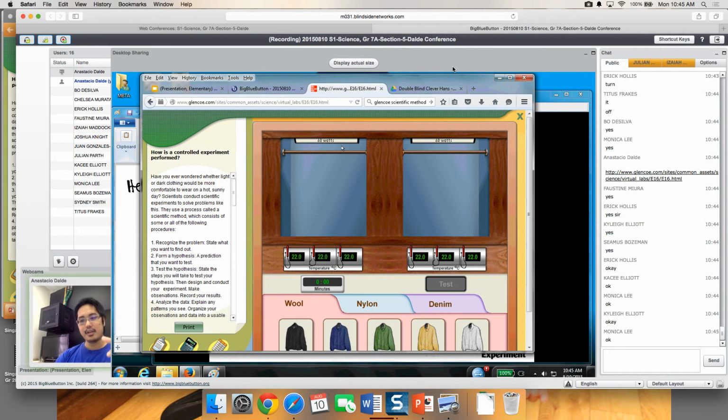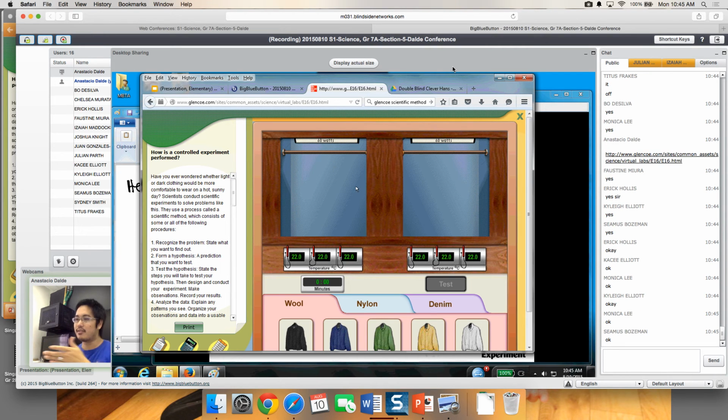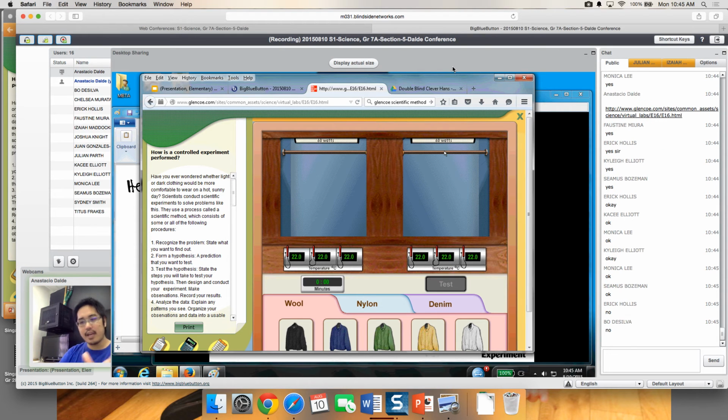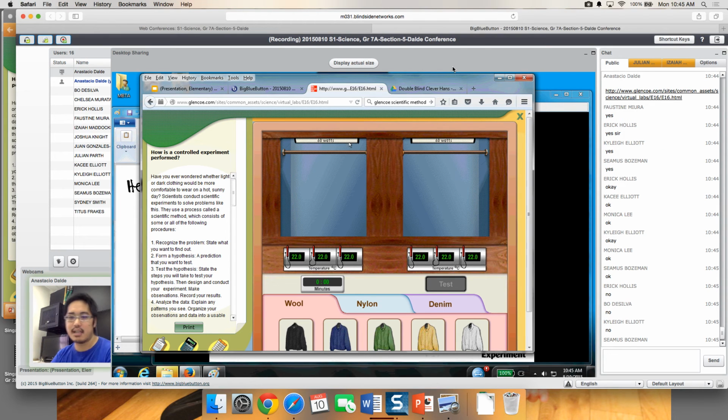Now, if we have a 60-watt light bulb in this testing environment over here, and a 70-watt light bulb in this testing environment here, is that a good thing? Is that all right? No. Why not? Why can't we have a 60-watt light bulb over here and a 70-watt light bulb in the other one?